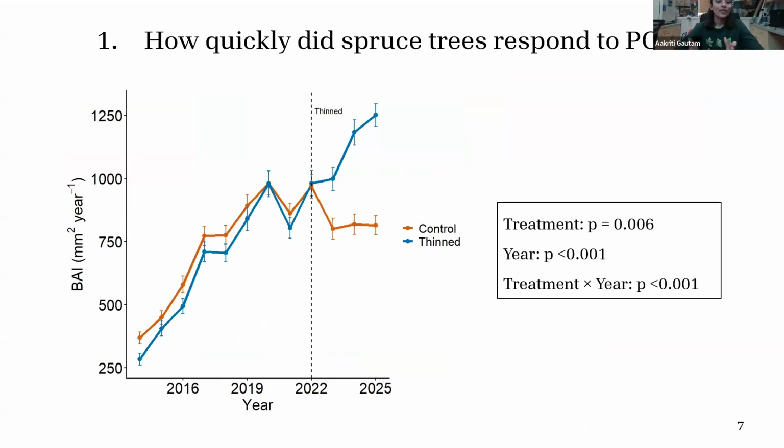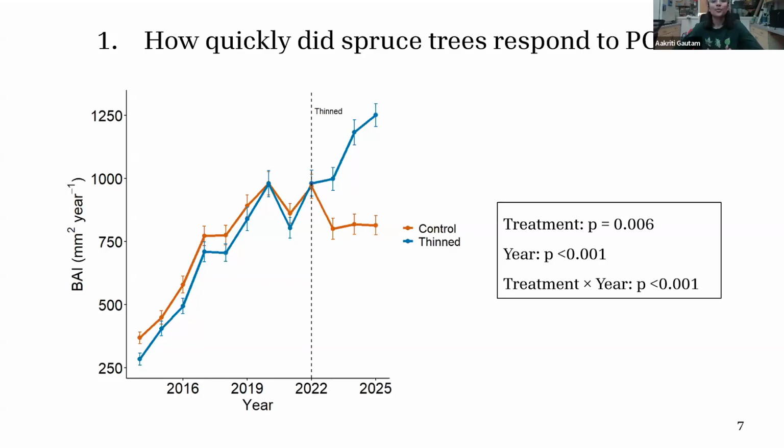This tells us that thinning not only increased growth, but also shifted the trees onto a different growth trajectory, which I think is important, because if trees are responding this early and if the divergence is compounding, then that means they can reach merchantable sizes sooner than expected.